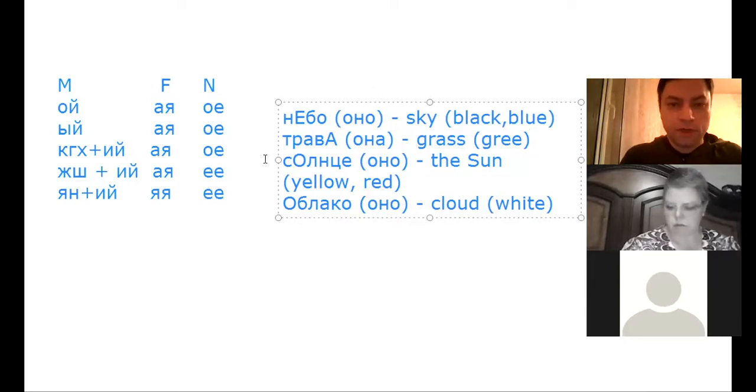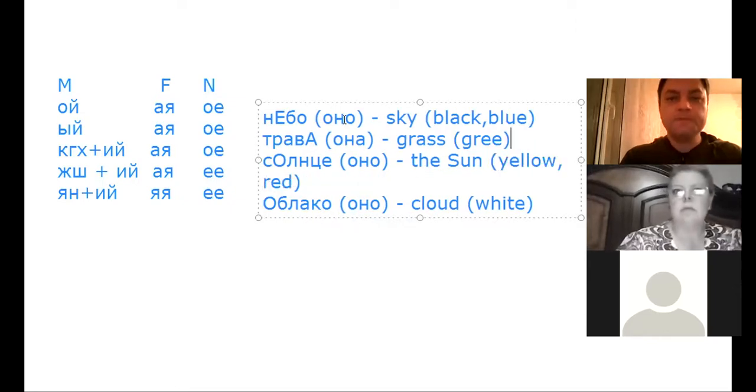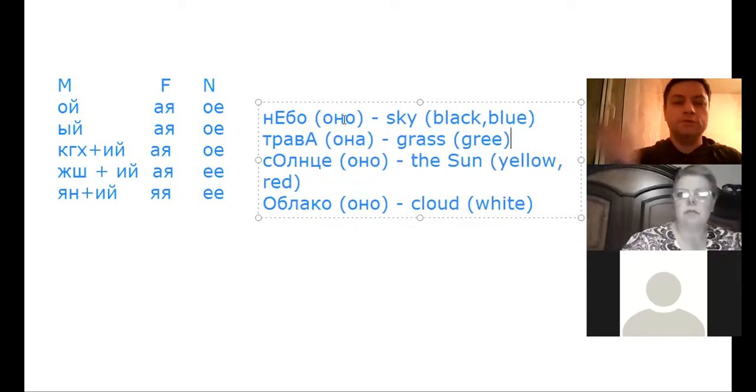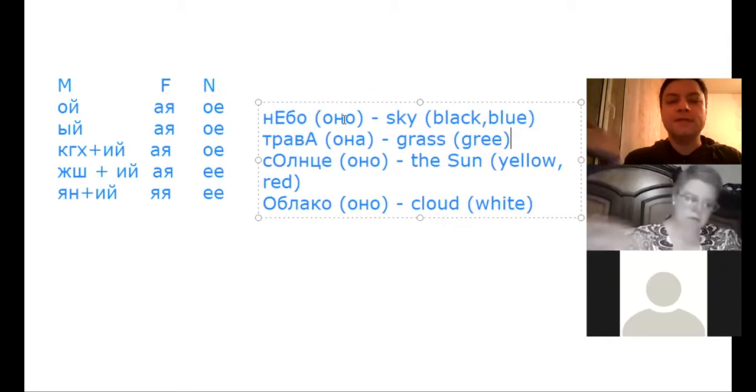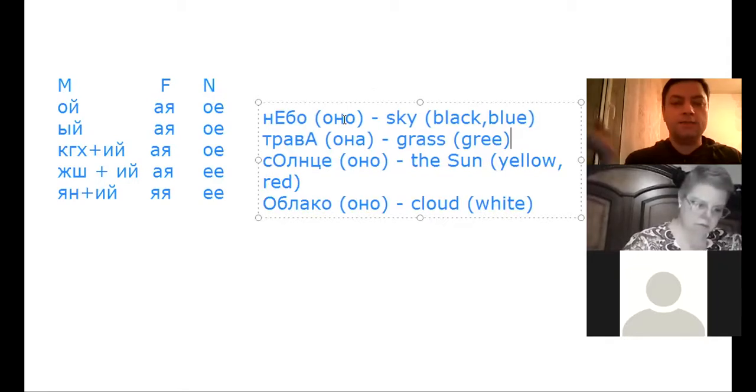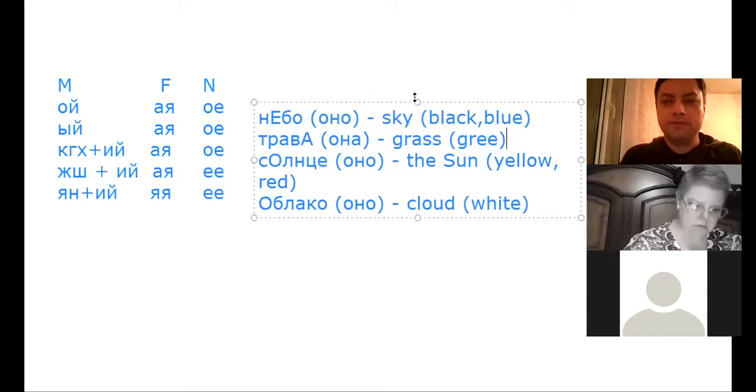If you can do it, if you can't do it, it's okay. I can later explain if nobody writes. Please write these phrases: blue sky, black sky, green grass, yellow sun, red sun, and white cloud. And I will wait for a minute or two to give you an opportunity to type it in our chat.